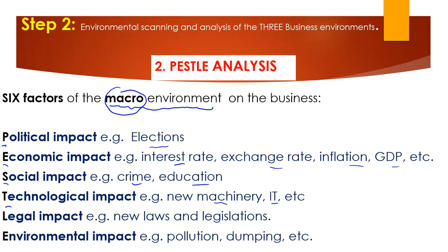The L in PESTLE is for the legal impact, looking at things like new laws and legislation. The final letter, E, is for the environmental impact. So we look at factors such as pollution and dumping, etc.